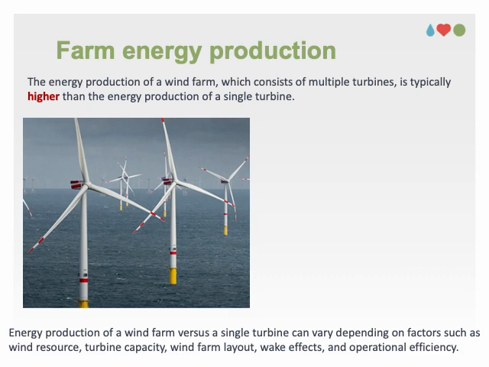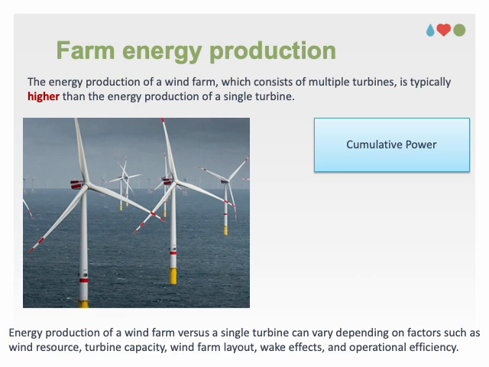In a wind farm, multiple turbines are placed to capture the available wind resources. As a result, the total power output of all turbines adds up together. This naturally leads to the generation of more electricity from the same wind resource.